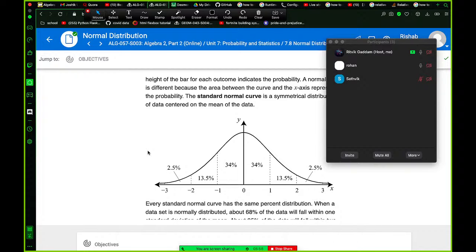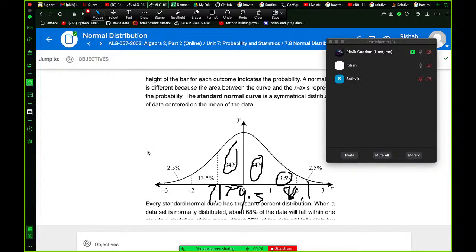So the mean is 70, and then they're asking 80.1, and then they're asking 71.7. So if you just see, you get this, and this, which is 68.